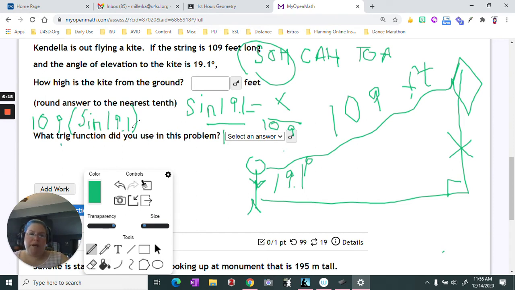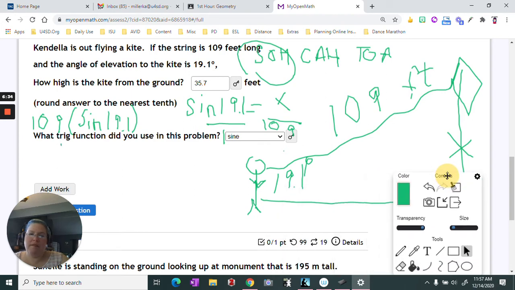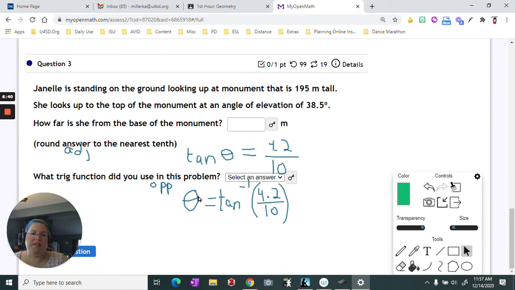So in my box, I am going to type 35.7 feet. And what trig function did we use? We used sine. I'm going to move this over and submit. Okay, there we go. Let's look at the last one.